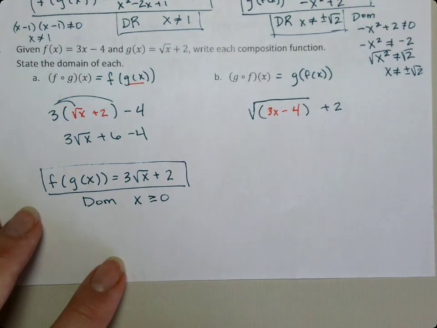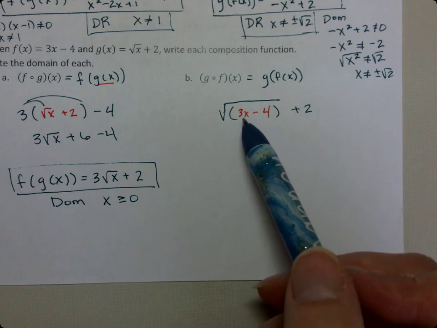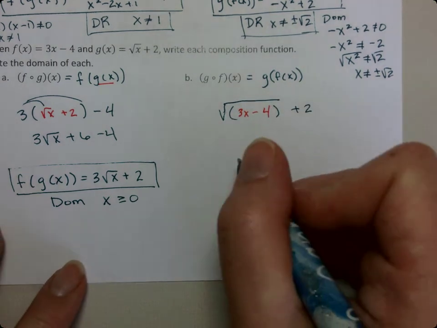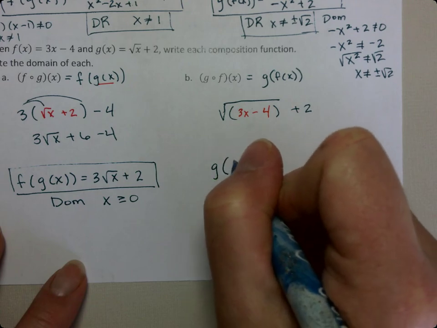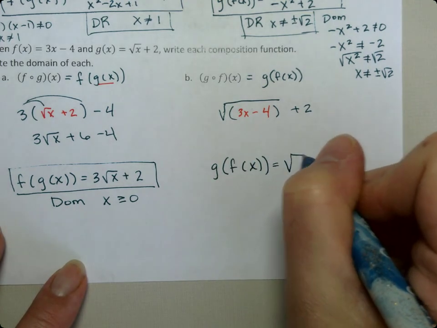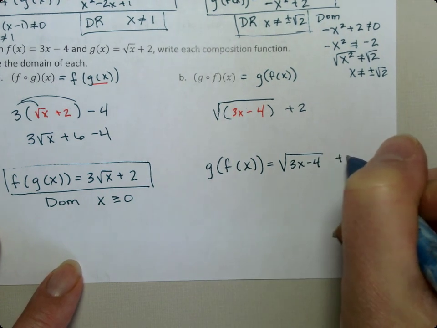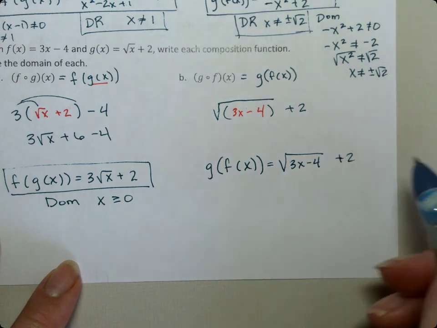Okay, there's nothing I can do in this problem. You can't take the square root and separate it under subtraction. So my answer is g of f of x is equal to the square root of 3x minus 4, plus 2. Be very clear that the plus 2 is on the outside.